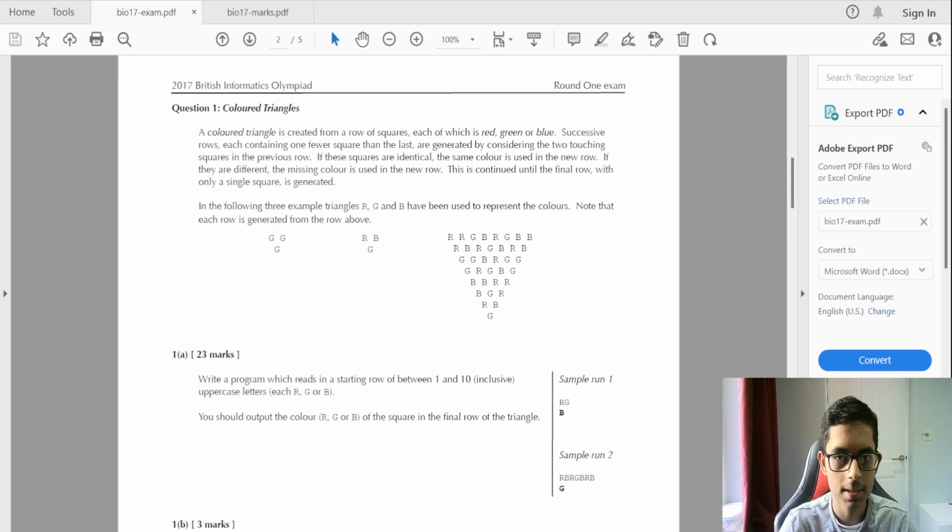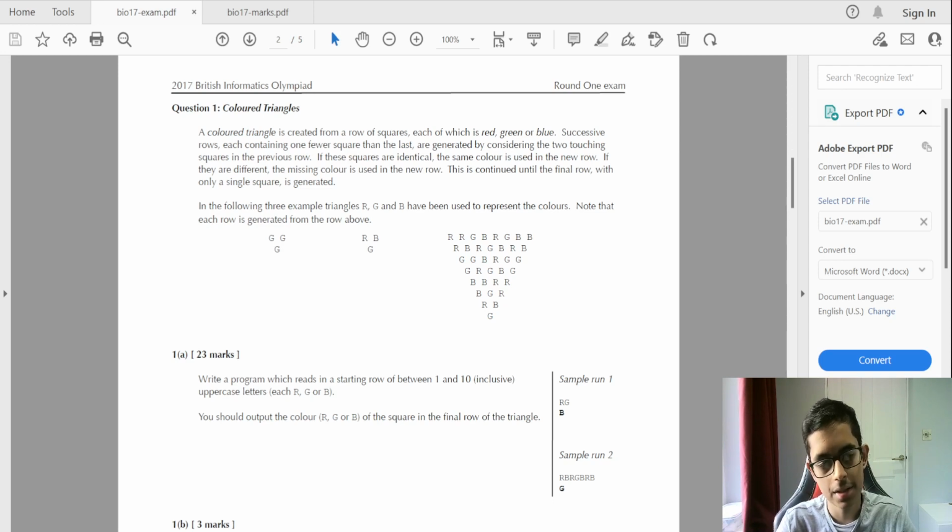So for example, RG would produce B as the next character, and B and R would produce G. As you can see, this pattern continues until we've completed the next line. After we do the next line, we repeat the pattern for the next line and so on.